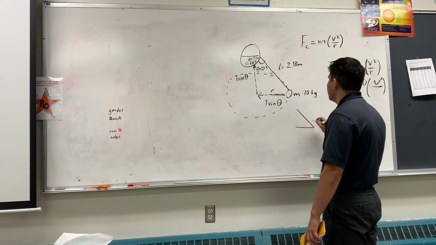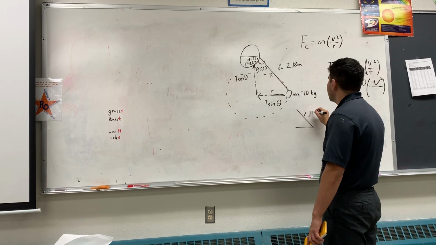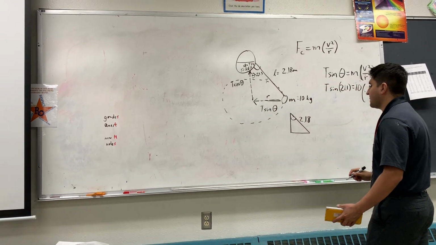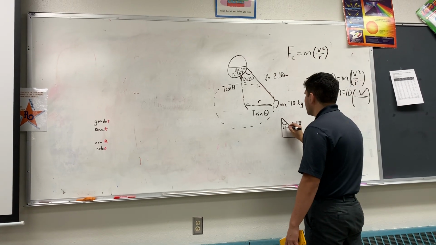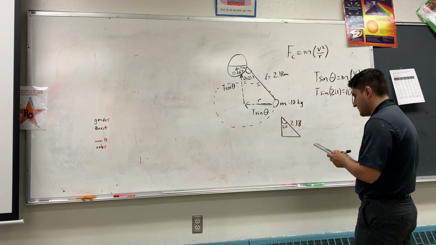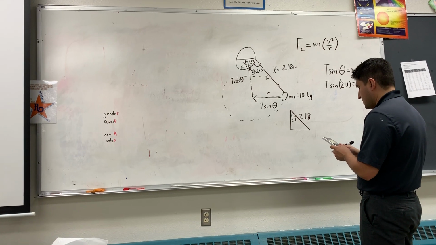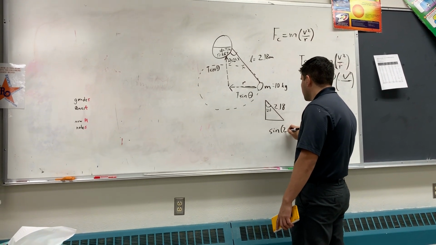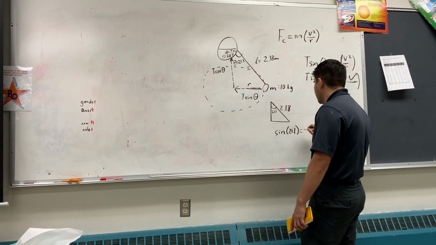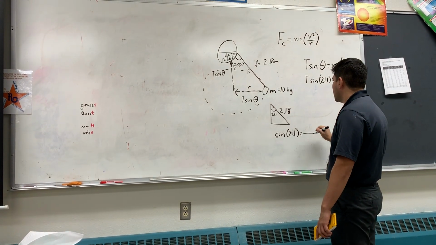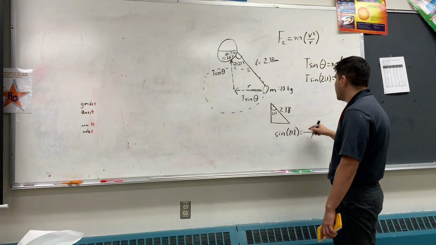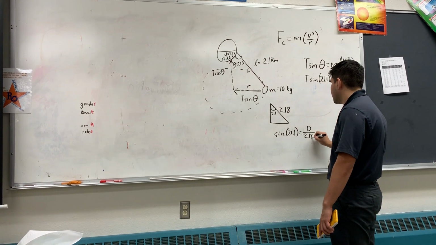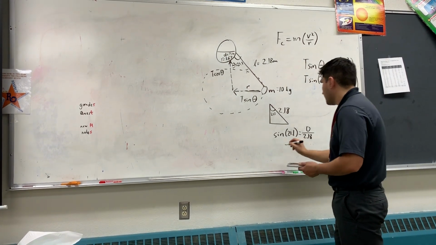Here's my triangle, and this is 2.18, and this is 21.1. So I have sine of 21.1 equals opposite over hypotenuse, 2.18.